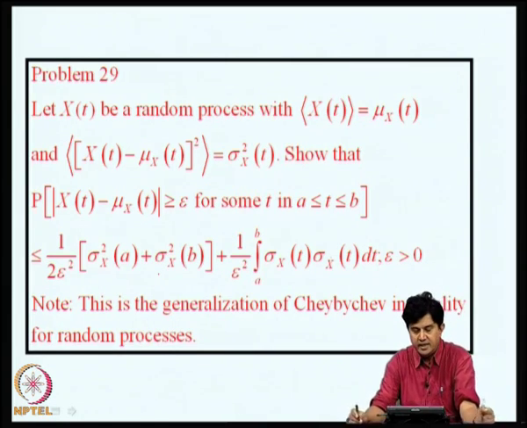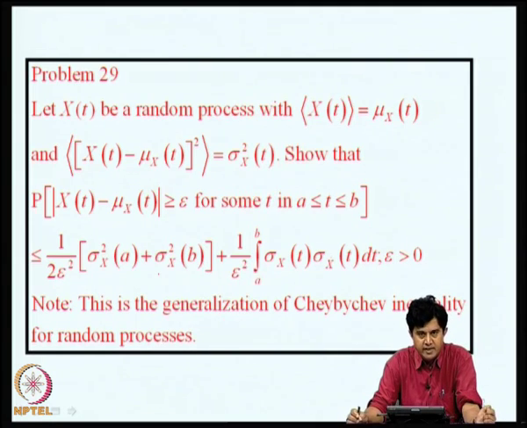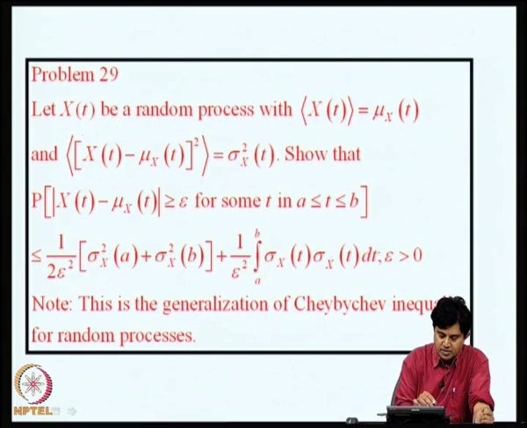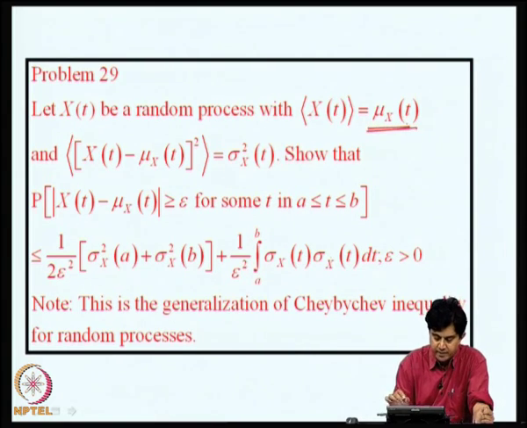Now, while discussing random variables, we talked about what is known as Chebyshev inequality. Now, what happens to that inequality when we extend the logic to random processes? So, let x of t be a random process with mean mu x of t and variance sigma x square of t.